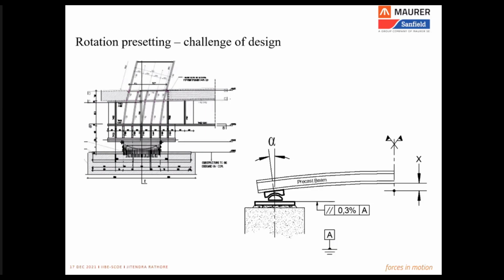That means the superimposed dead load and everything is over. Then this preset super elevation or camber settles down. So for such situations, it may be required that the bearing is also offered with an initial rotation preset, such that when the construction is complete, both the deck and the bearings are at the ideal location. So such important things are also to be taken due care of in design and the application of the bearings at site.